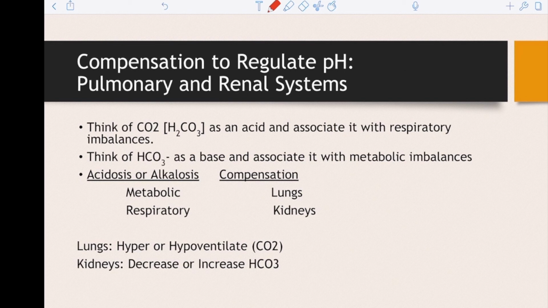Why? Because our kidneys have the ability to excrete or retain HCO3 in order to minimize major pH changes. So anything related to the kidneys, we're going to refer to as a metabolic imbalance. Anything related to breathing in and out, naturally, is going to be a respiratory imbalance.